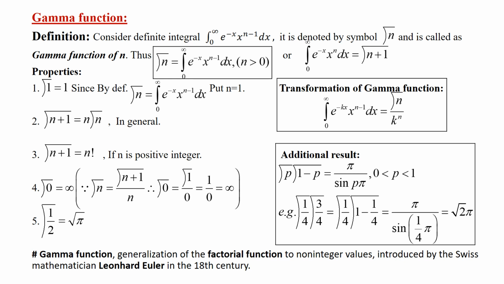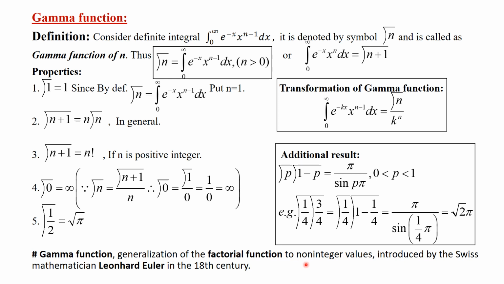As all of you know, for integer value of n, factorial of n is defined: factorial n is n into n minus 1 into n minus 2 and so on up to 1. But if we are considering non-integer values, what is the term?